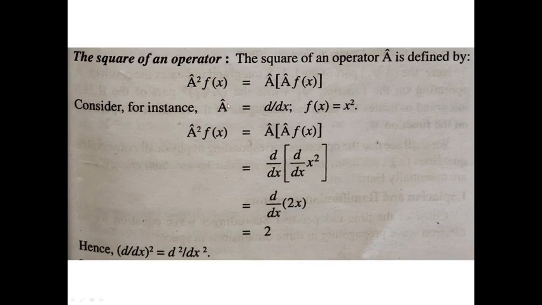Substituting a hat as d by dx and fx as x square, we take d by dx of x square, which is 2x, and then d by dx of 2x equals 2. Hence in this case d by dx all square equals d square by dx square, both are the same.